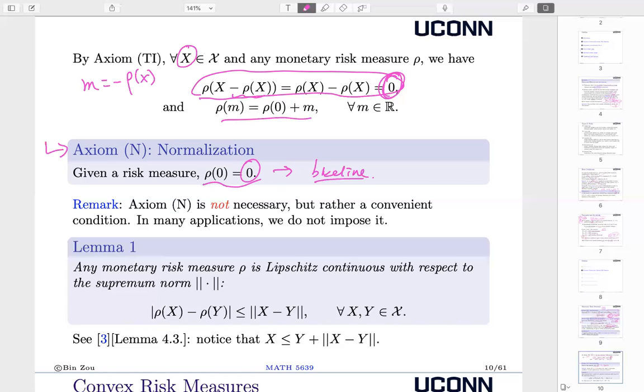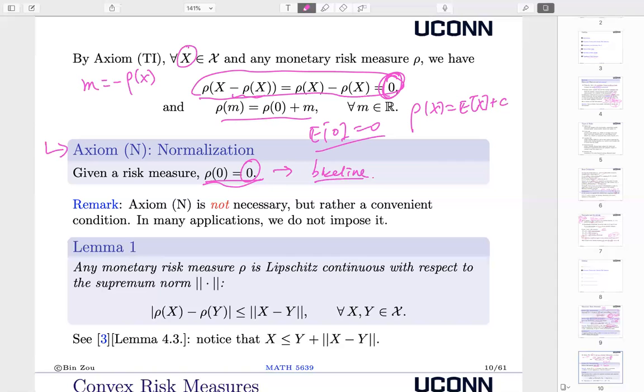From there, we also have this nice equality, but as I mentioned in this remark, it's not required to normalize the risk at 0 to be 0, but somehow it's convenient. For instance, E of 0 is 0, so it is normalized, but we can add a constant to it as well.